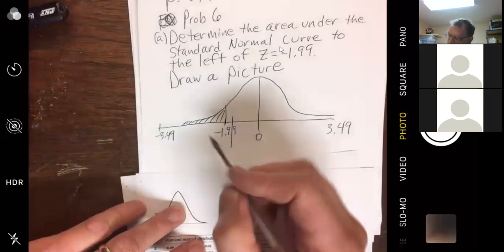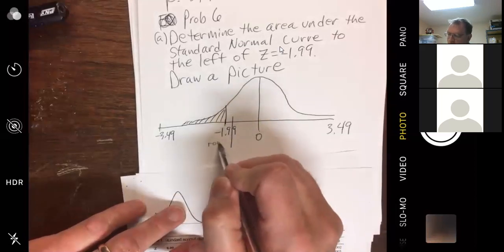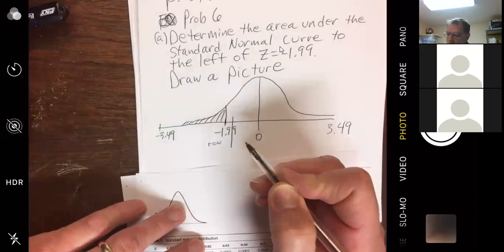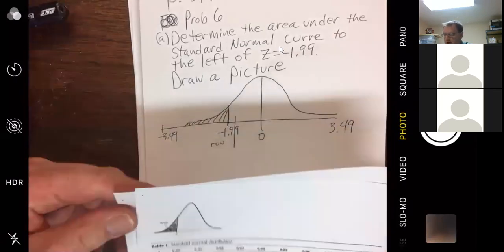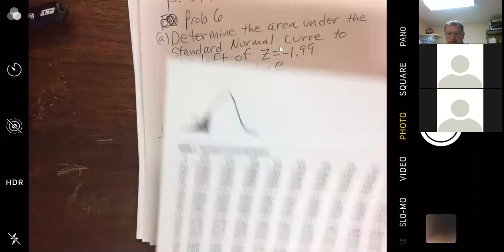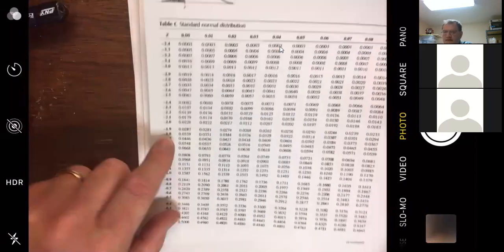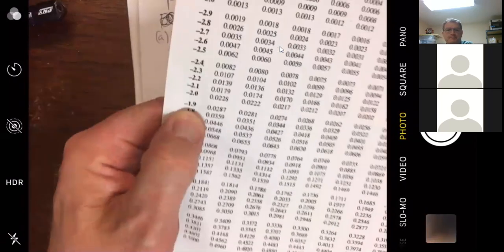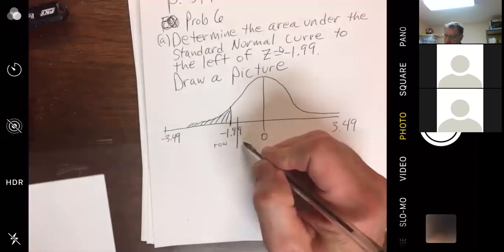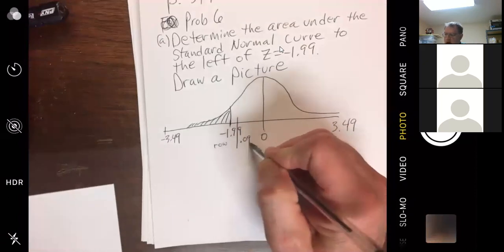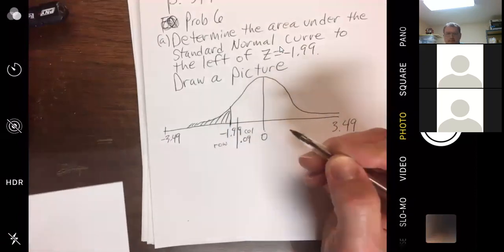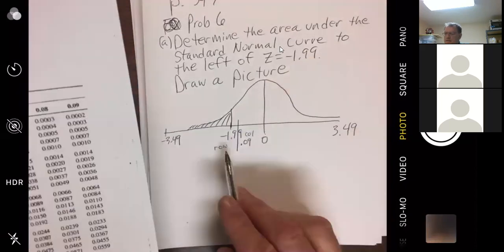This side is your row, so you come over and you find negative 1.9, and it's right there. And the 9 you've split off is your column, the 0.09 column. So we go over to the negative 1.9 row, 0.09 column.